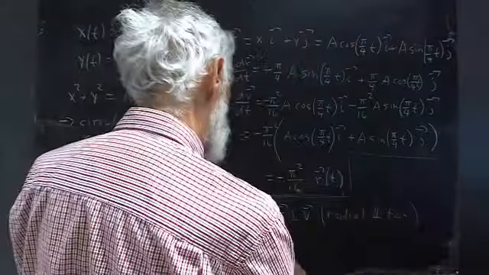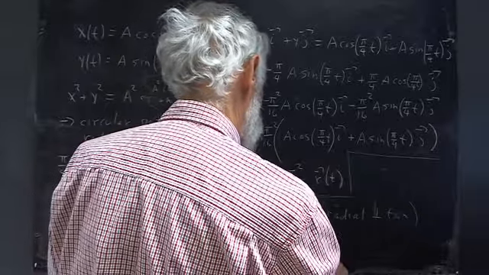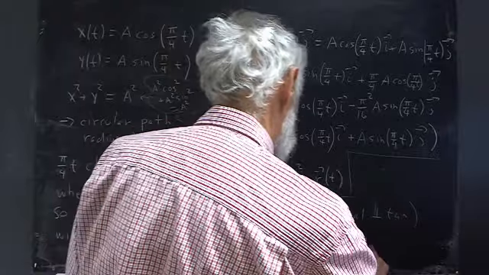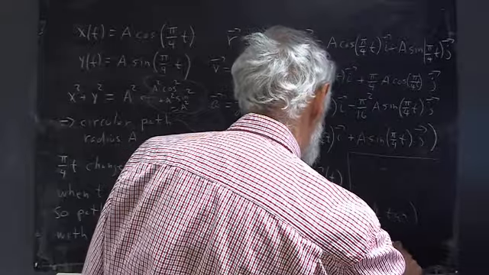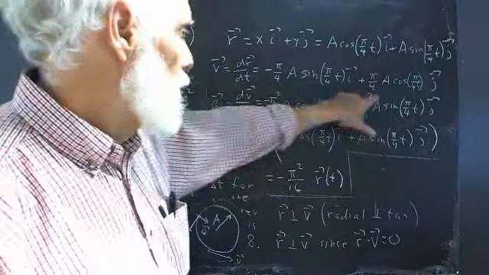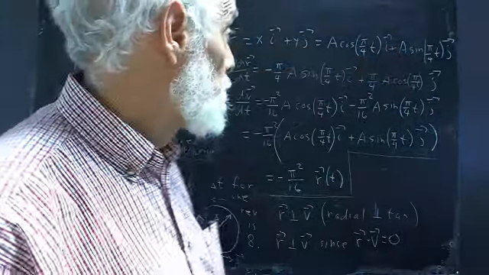And also, r is perpendicular to v since r dot v equals 0. Here's your v vector, here's your r vector.